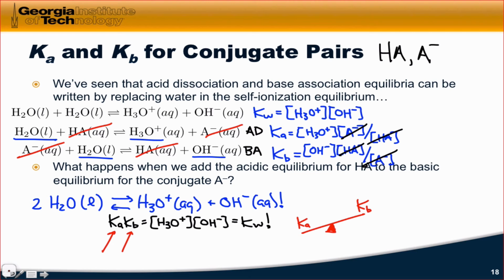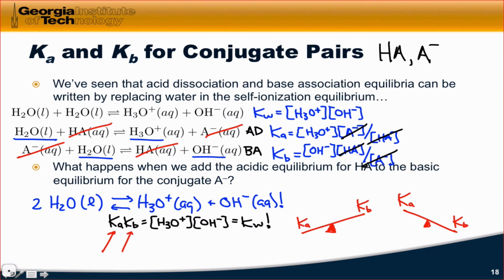And vice versa. When Kb is large, that is when A minus is a very strong base, well then HA must be a very weak acid. There's sort of a conjugate seesaw going on here. That's because the product of Ka and Kb must equal Kw based on this relatively straightforward derivation.